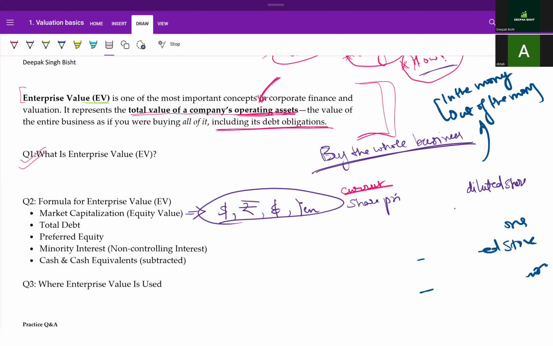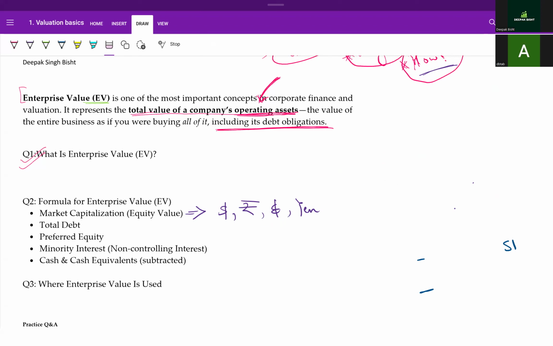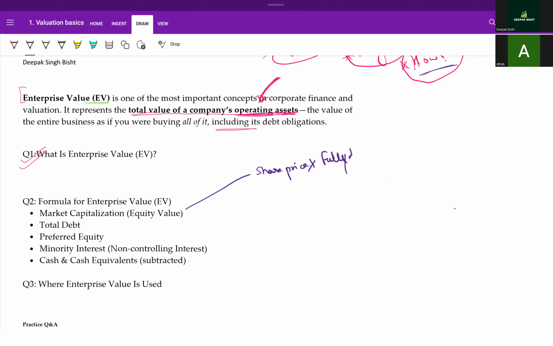Just remember the formula that it is about the current price of the stock. So the current share price, and we multiply it with the fully diluted shares, and the fully diluted shares includes stock options.